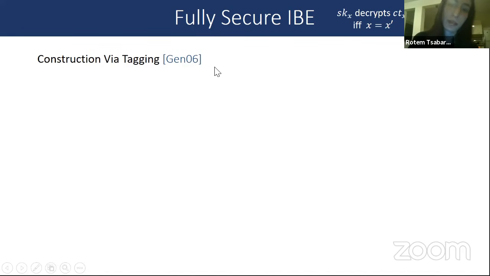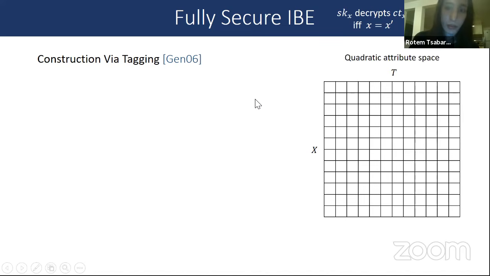He defined something that is called tagging, and here is how it works. Instead of using the standard attribute space, we now use a slightly larger attribute space. We use something of quadratic size, and now we can think of it as a two-dimensional space.